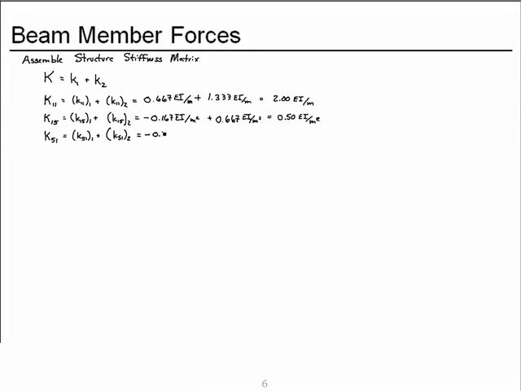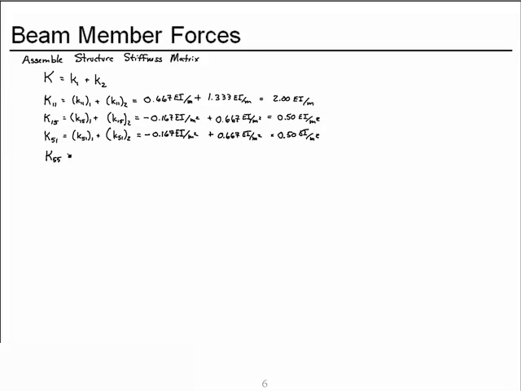So we have a minus 0.167 EI over meter squared plus 0.667 EI over meter squared, which gives us a 0.5 EI over meter squared.